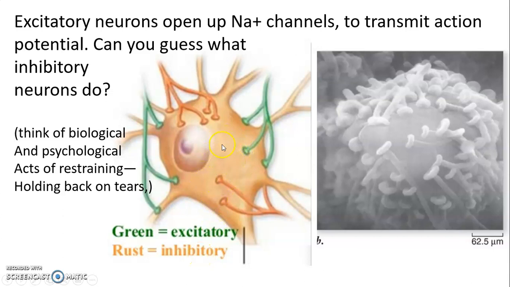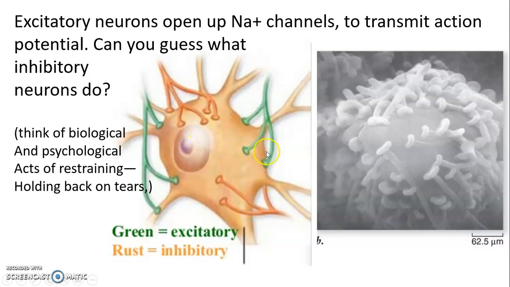Let's pretend this is the nerve cell for crying, for your tear ducts to start making tears, and you're going to start crying. Okay? What could these orange ones, which are transmitting or exciting the nerve cell, be doing? They could be feelings of pain and sadness, right? Someone has just hurt your feelings. It's exciting this nerve impulse, and it's telling your nerve cell, yeah, stimulate those tear glands. I need to cry. I'm sad.